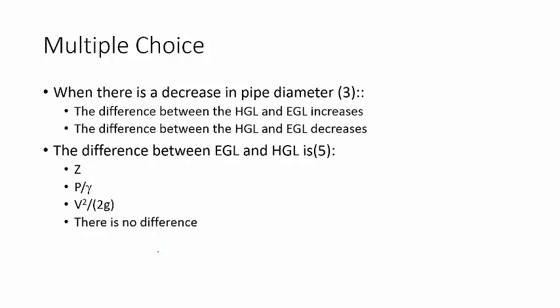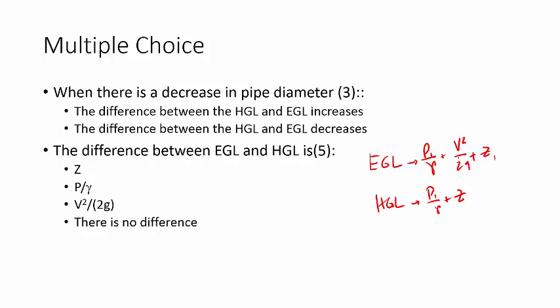The next question: when there is a decrease in pipe diameter, the difference between the hydraulic grade line and the energy grade line decreases. Whenever we look at the energy grade line, it includes pressure plus velocity plus elevation. And then the hydraulic grade line would only include pressure and elevation.